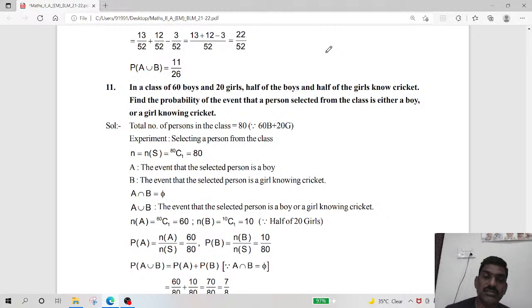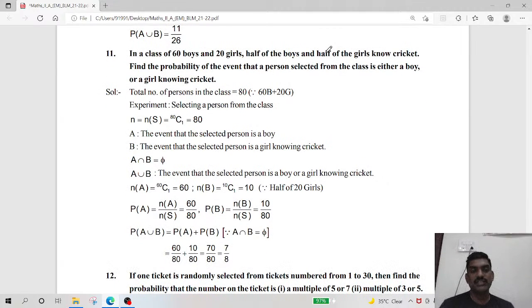N of A is 60 C 1 and N of B is 10 C 1. So P of A is 60 over 80, P of B is 10 over 80. Simplify, then you can get the answer. Here a mistake is done, I think. Half of the boys out of 60 is only 30 boys, right?